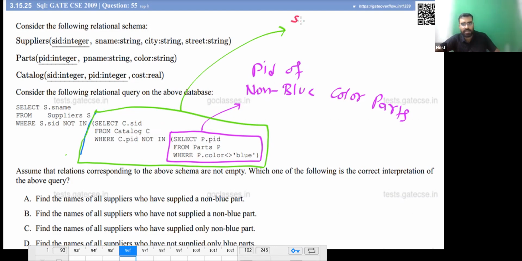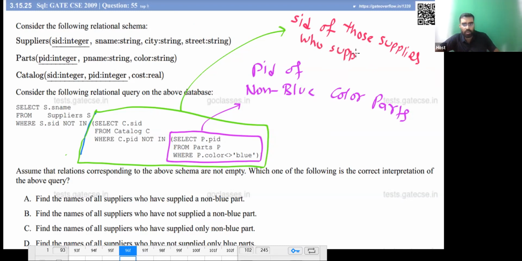So which suppliers are we getting? We are getting the SIDs of those suppliers. Okay, such that the PID is not in this. So I will get the SID of those suppliers who supplied a blue part. Yes or no? So this will give me the SID of those suppliers who supplied some blue part or all blue part.